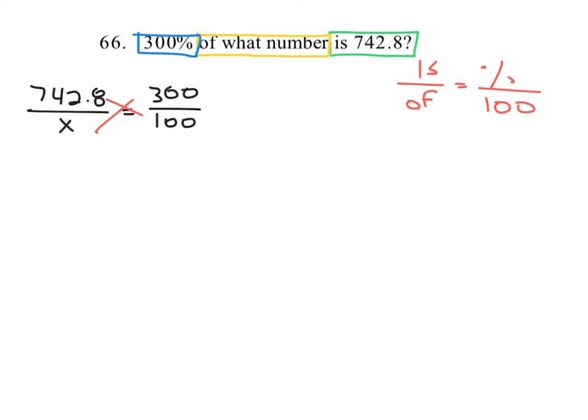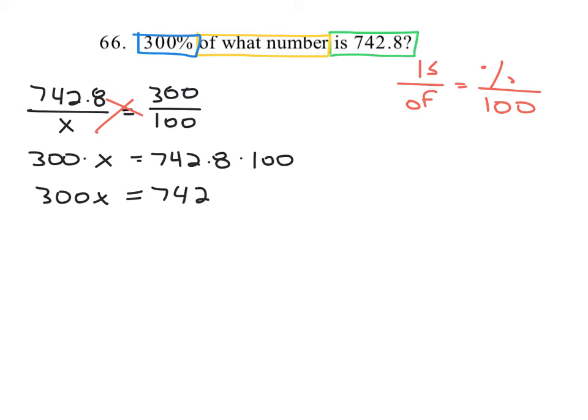We say 300 times x equals 742.8 times 100. And we get 300x equals 74,280. And now, of course, we need to divide both sides by 300.